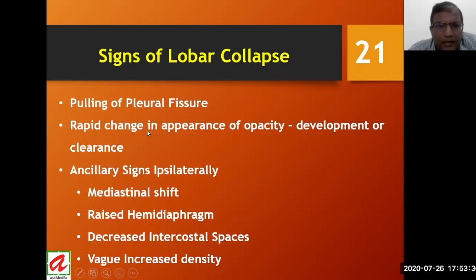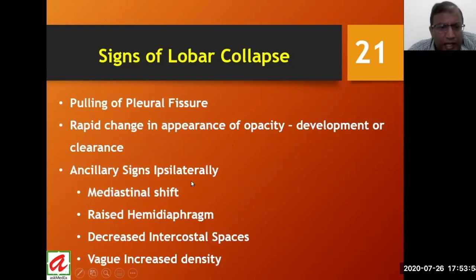Then the collapse can appear and disappear rapidly. For example, if we see today's X-ray, there is no opacity, and suddenly on the next day we see an opacity, think of collapse rather than consolidation. Similarly, if it disappears, one should think about it.